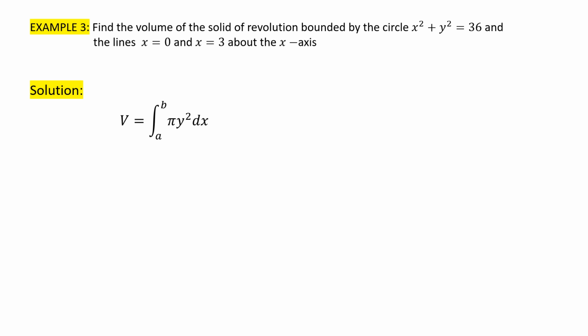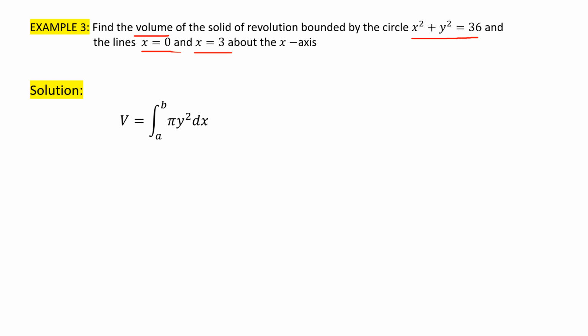Let us move to the next question. Find the volume of the solid of revolution bounded by the circle. We know that the circle equation is x to the power 2 plus y to the power 2 equal to 36, and we have been given two limit values in terms of x. So we have to use V equal to integral a to b pi times y to the power 2 into dx.